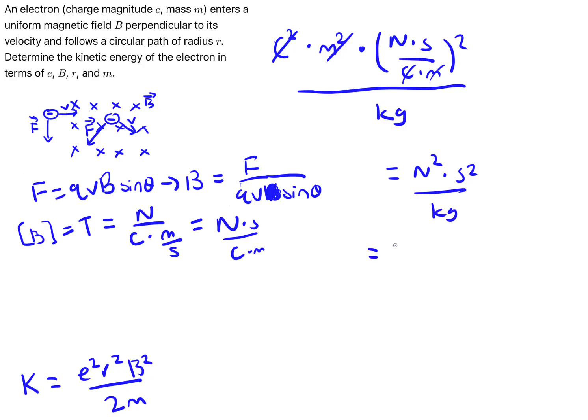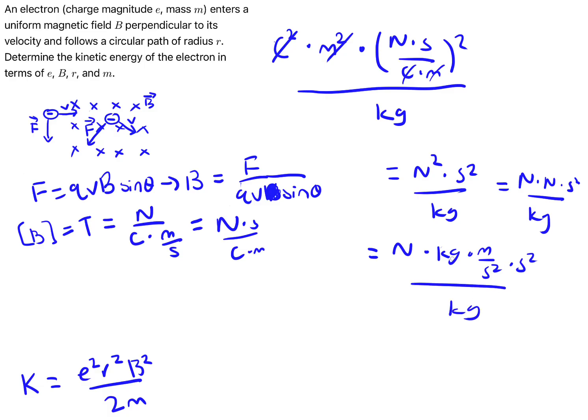If we pull out one of the Newtons and expand the other, this becomes kilogram times meters per second squared. Notice how all of this cancels out to give a final unit of Newton times meter.